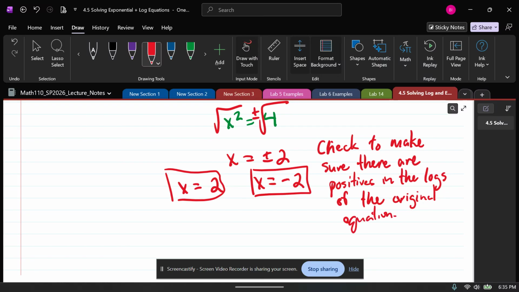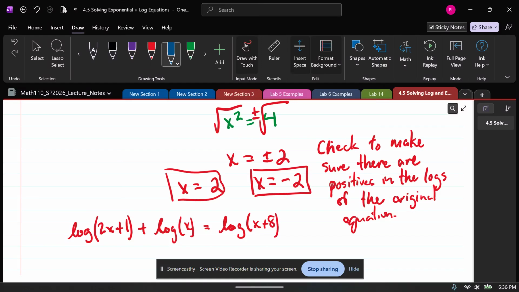So in the original equation, I had log of 2x plus 1, and I had a log of x, and then I had a log of x plus 8.